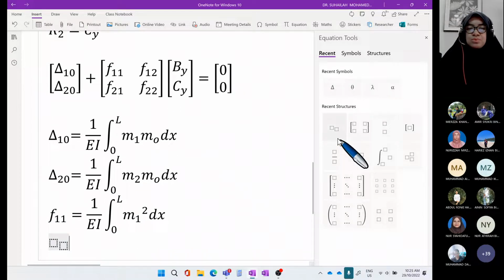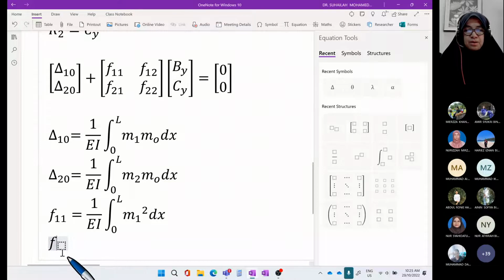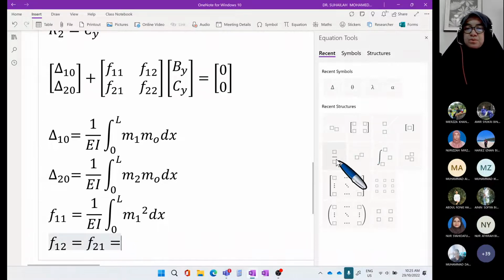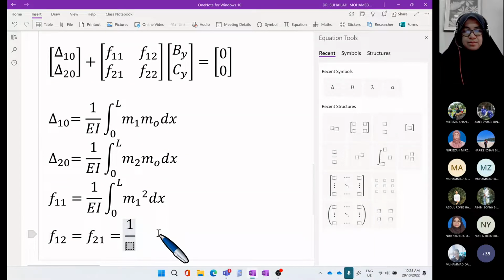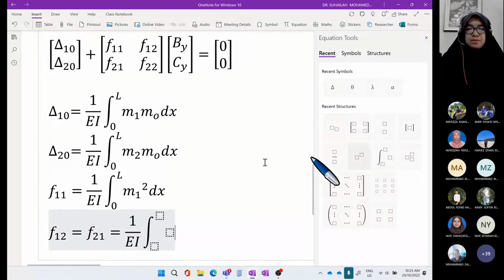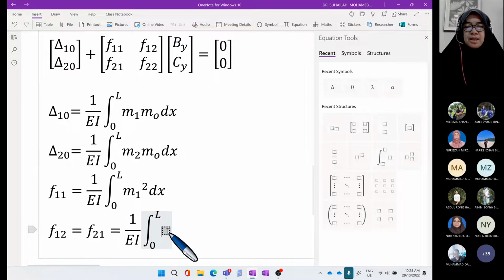Next we have F12, which is equal to F21, equal to 1 over EI integrate from 0 to L of M1 M2 dx, because we just need to use the notation that we use.